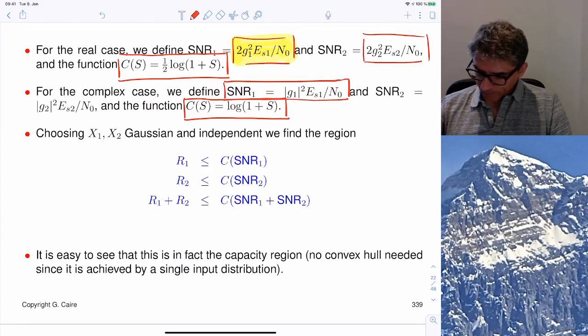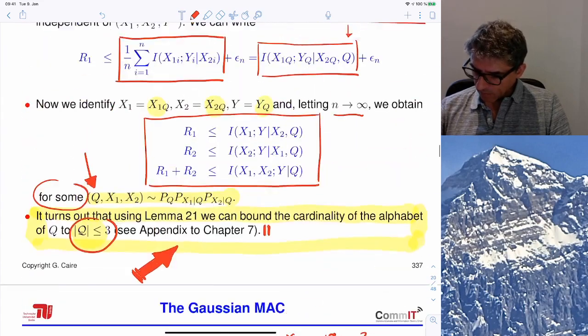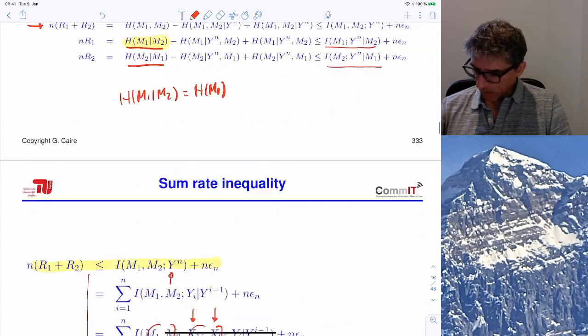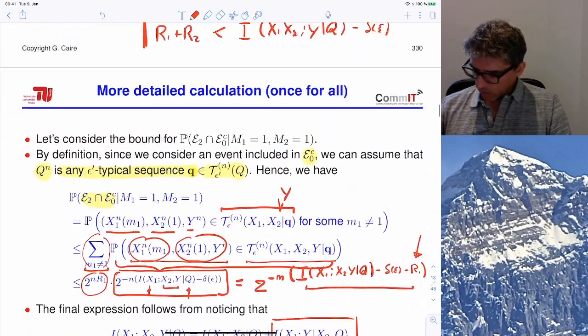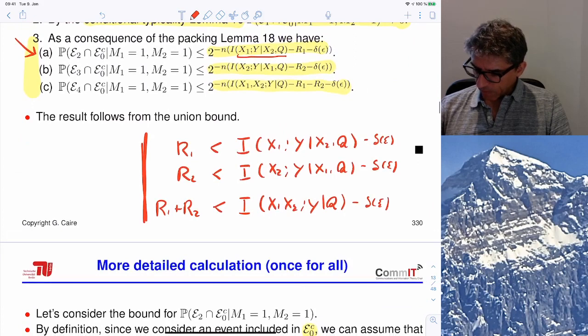And then we can particularize the form of our pentagon region. You remember the region defined by these three inequalities.